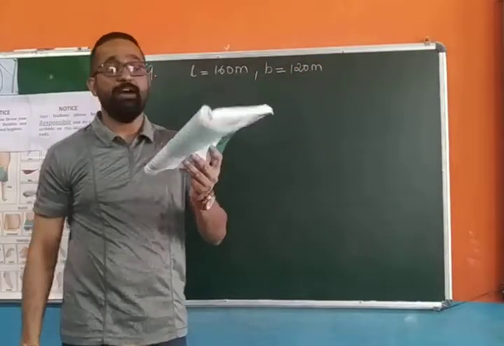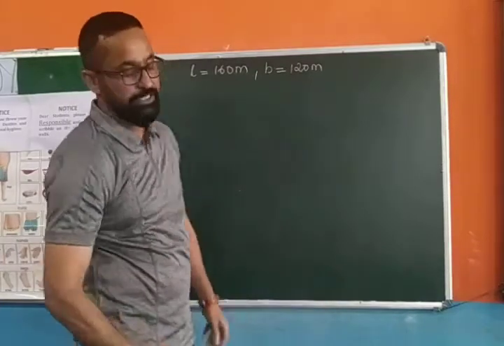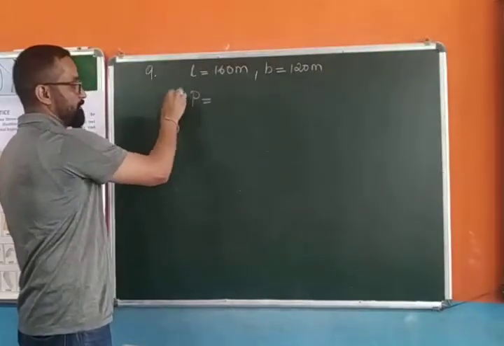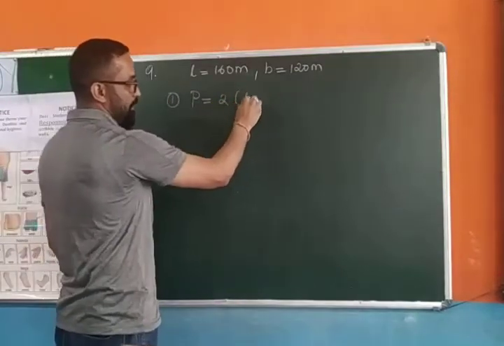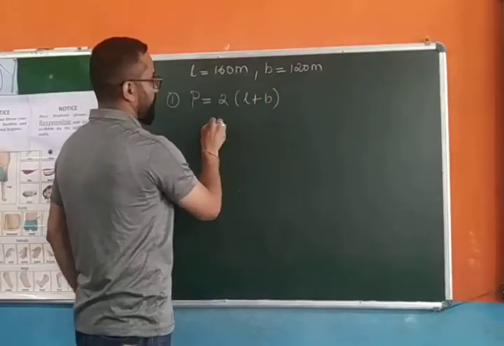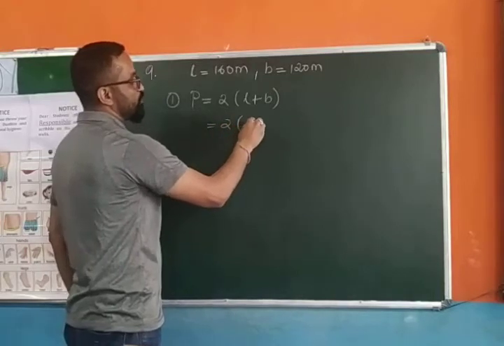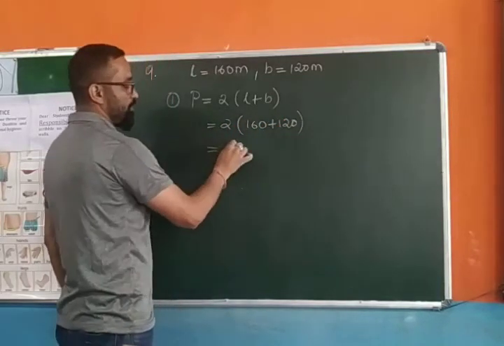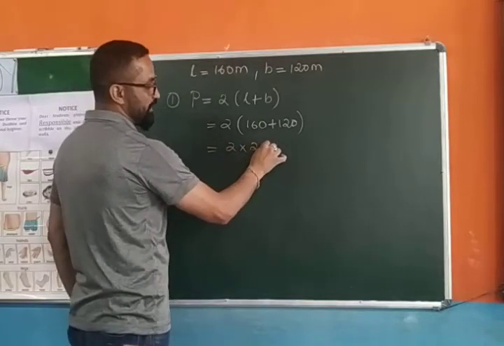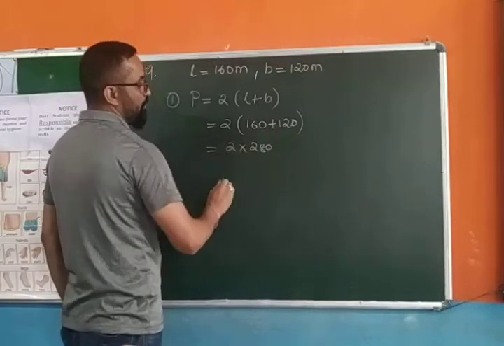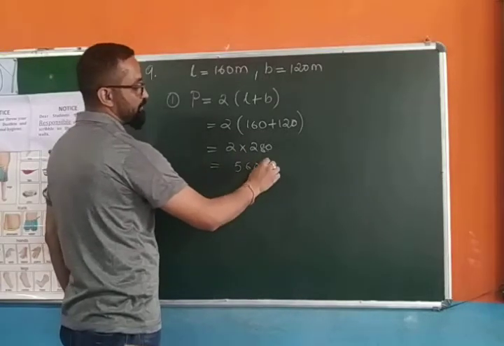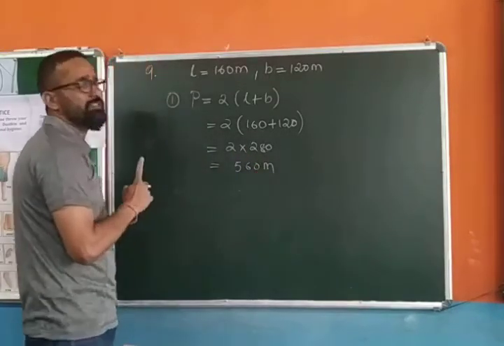Question says find the perimeter of the field. So perimeter of the field is twice length plus breadth. 2 times length 160 plus breadth 120. Add it up, 2 into 280. Multiply this, 560 meter. This is the first answer.